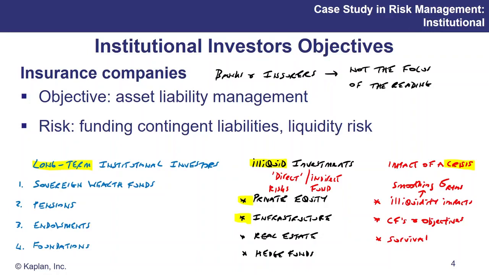Now, the whole purpose of these institutions, whether you own an endowment or a pension or a foundation, etc., is to have the cash flows when you need them, whether it's to pay a pensioner, a retiree, or to make cash flows and spending as an endowment or a foundation. So the idea of looking at the impact on our business model is very important. And you'll see that Monte Carlo simulation appears a lot in this chapter as being one of the main tools.